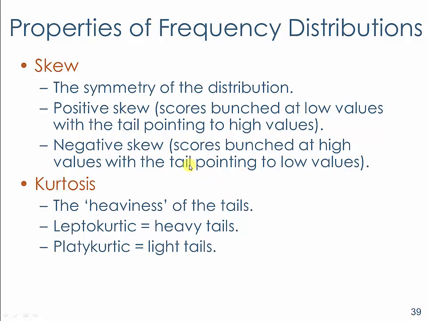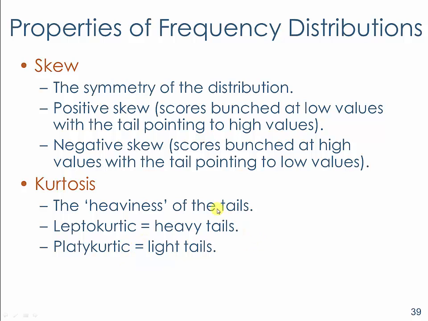Here we talk about skew and kurtosis again, and you can read the notes on the slide. Essentially, skew is whether the distribution is bunched up to one side or another, which is a better way to put it, because how spread out it is is the dispersion. Kurtosis is how flat or peaked the distribution is.